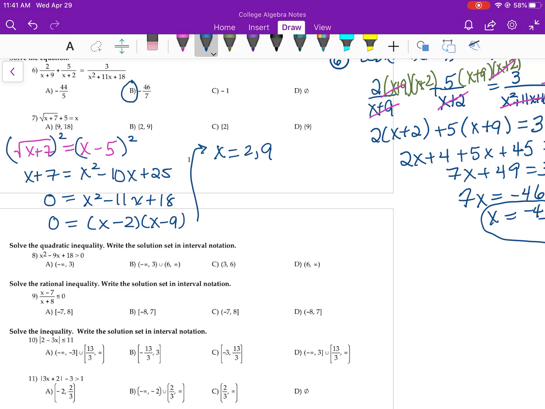And you check your answers back in the original problem. So if I check the 2, I'll have 2 plus 7 plus 5. Is that equal to 2? And the answer is no. 8 is not going to be equal to 2. And then if I try the 9, is the square root of 16, which is 4. 4 plus 5 equal to 9, and the answer is yes. So on this one, the answer is D.